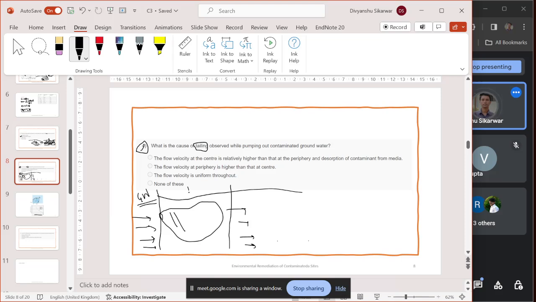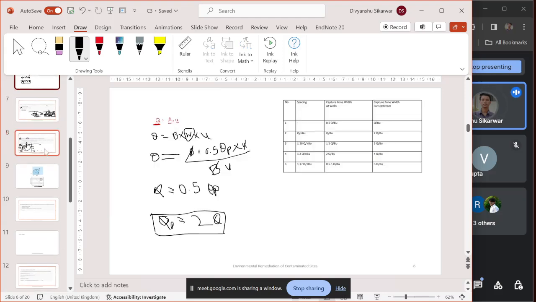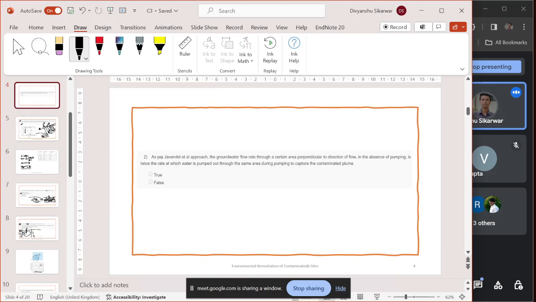The other way is we might pump out this water. We make a bore well in this region and pump out the water. If we scientifically design it, we can determine the location of the well and how many wells we require. All these things are in the week three lectures, including how we design those wells.